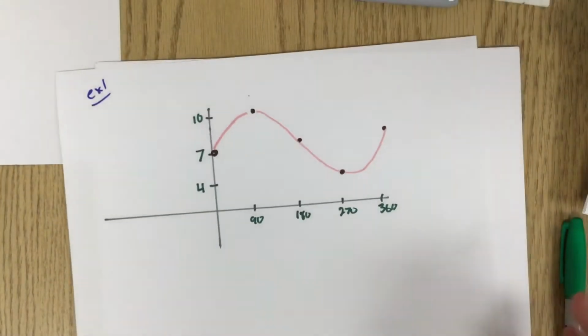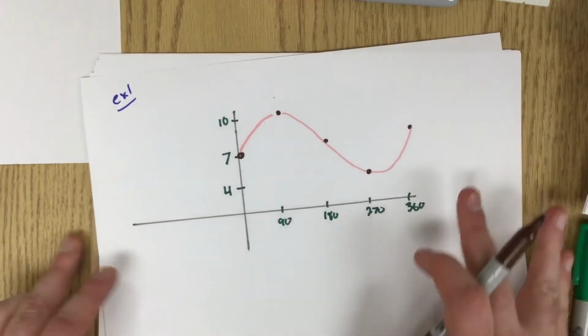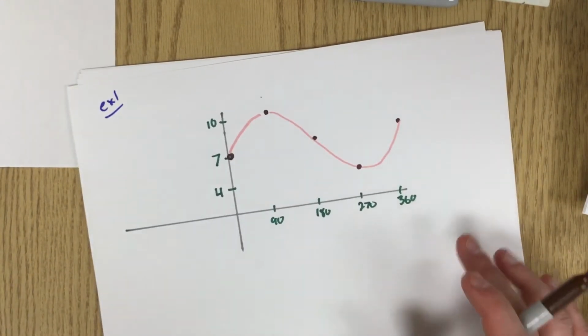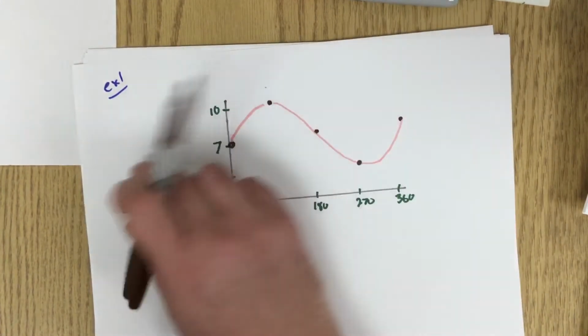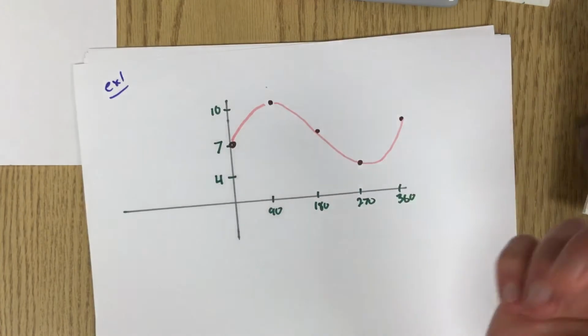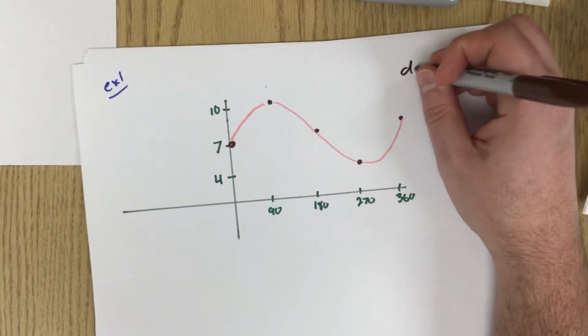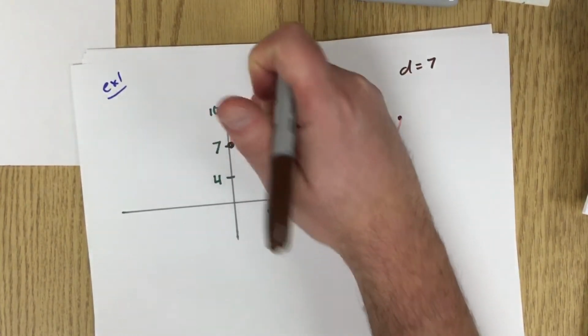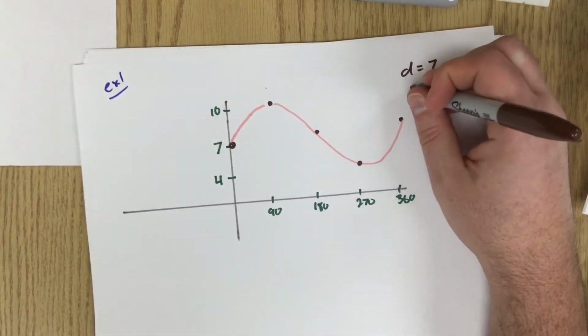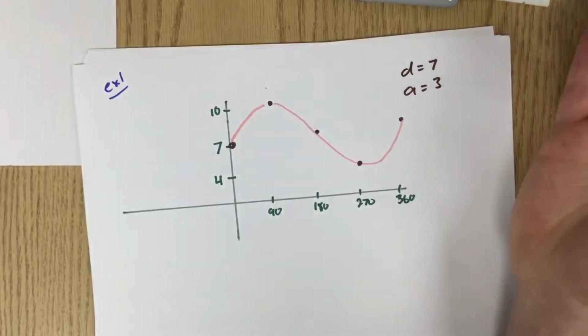Okay. So we need to figure out the values here. So here's a graph, and we're trying to figure out the equation. We know that the middle is at 7, so we could say that d right away is 7. And the amplitude, which is how far we go from the middle to the top, is 3, and we're done.